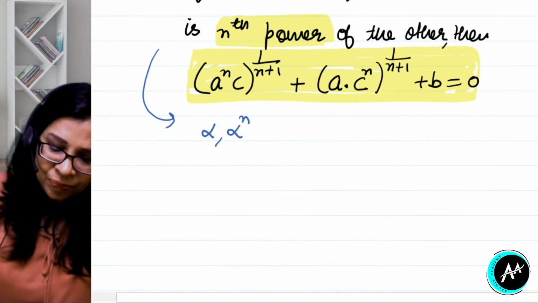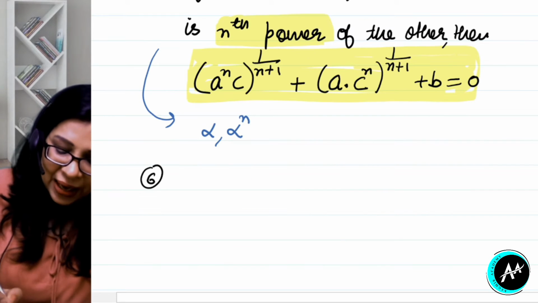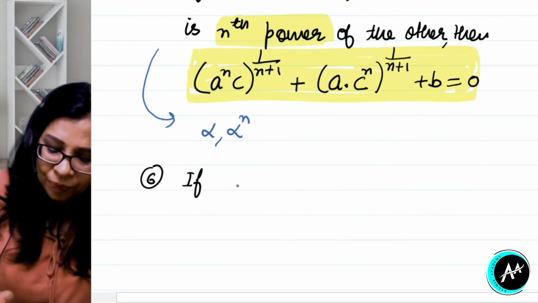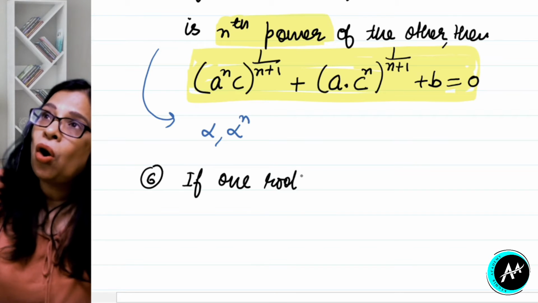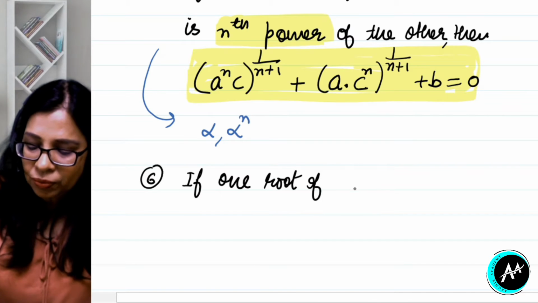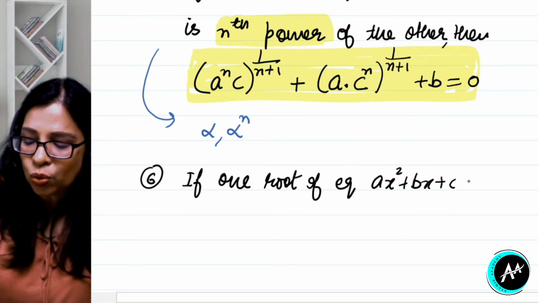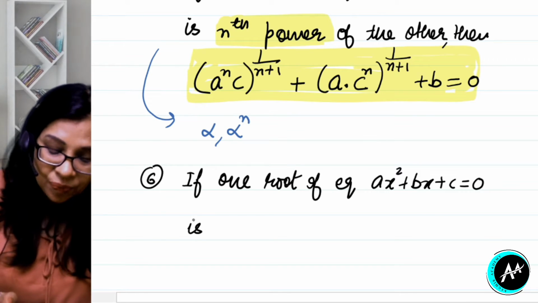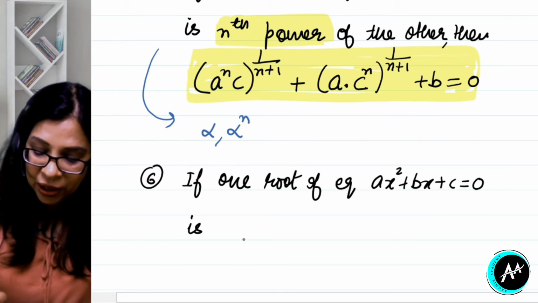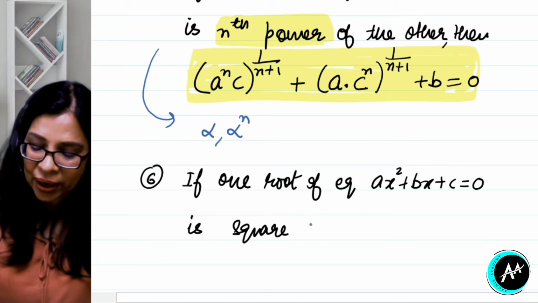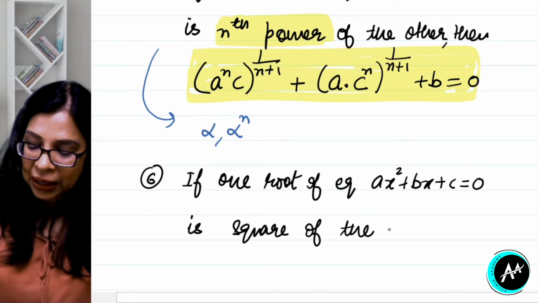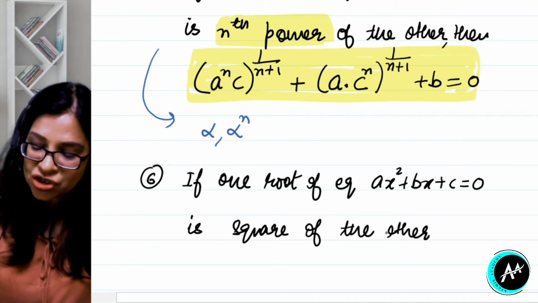Let me write that. So the sixth would be that if one root of the equation ax square plus bx plus c equal to 0 is square of the other, then let us see what the condition is.